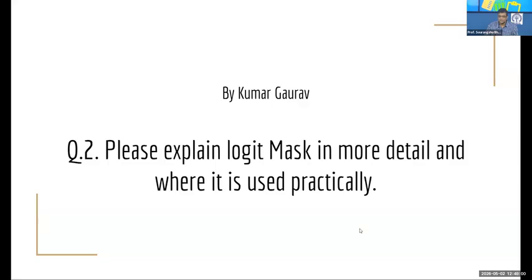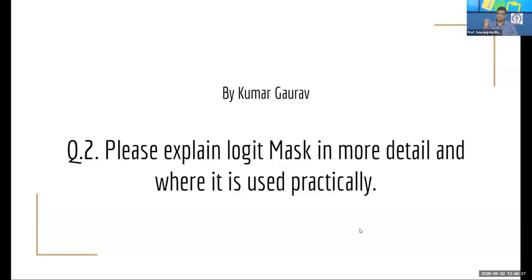Please explain the logit mask in more detail and where it is used practically. Okay. So that will take a long time again. Basically, see what it is doing. It is generating certain types of outputs preferentially, right?